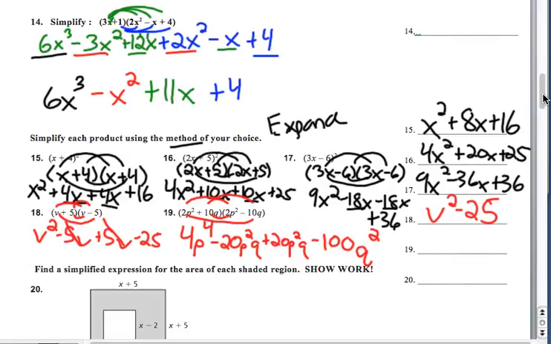Don't forget that power on that second variable at the very end. That's one of the biggest things I find kids forget: when you multiply a variable times itself, you're adding those exponents together. So you get a q squared there. Those inside pieces cancel, again, because of their opposite signs, and you are left with this.